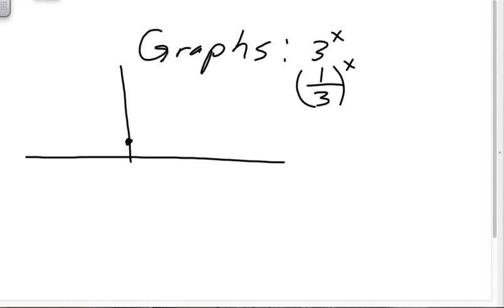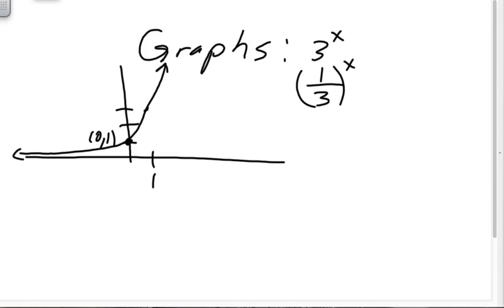All of our exponentials will go through 0, 1 unless we translate them. The other point, I'll start with this one, I'm going to pick is 1. So 3 to the 1 gives me 3. And that gets me enough to where I know this one is going to look like this.